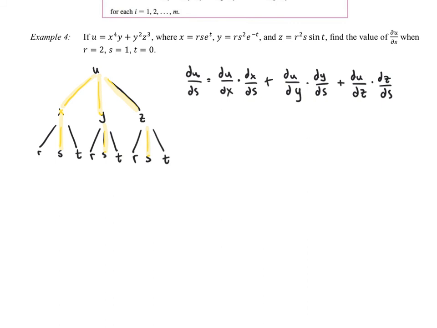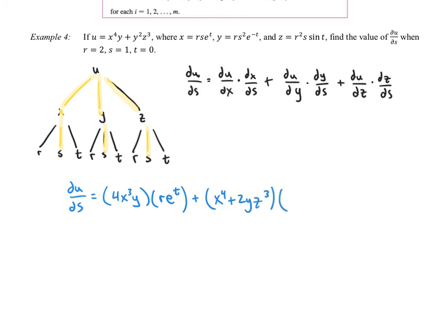So we have du/ds equal to, okay, du/dx, so the derivative of u with respect to x would be 4x cubed y. The derivative of x with respect to s is r e to the t. Then we have the derivative of u with respect to y, which is going to be x to the fourth plus 2y z cubed.